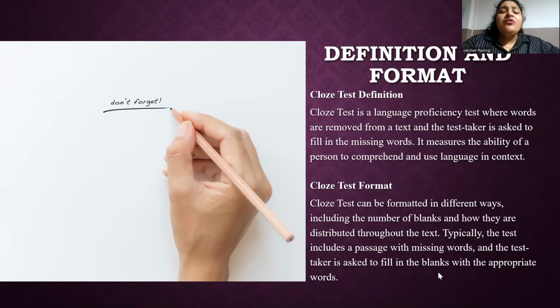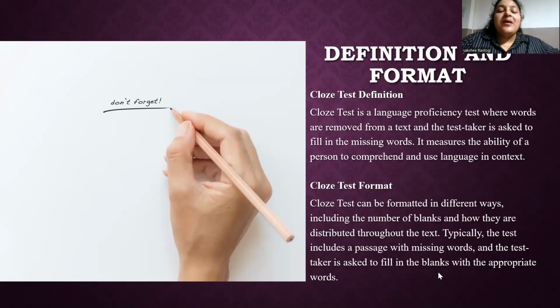It can be scored in various ways, like the number of correct answers, the percentage of correct answers, or rating scales, for example 1 to 5. So by providing a comprehensive assessment of language skills, the closed test offers a valuable tool for language learning, teaching, and assessment. What is the format of a closed test?